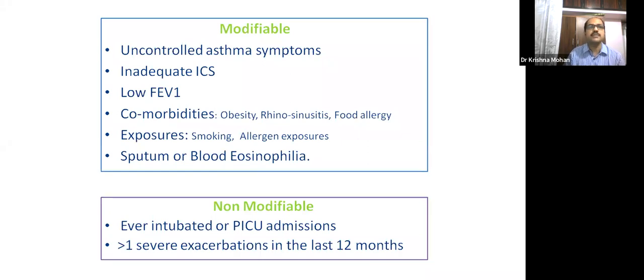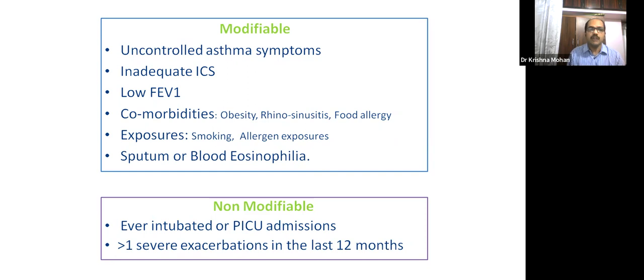It includes modifiable and non-modifiable risk factors. Modifiable risk factors include uncontrolled asthma symptoms, the patient not taking inhaled corticosteroids properly, low FEV1 on spirometry, and presence of comorbidities like obesity. All these things are modifiable risk factors.